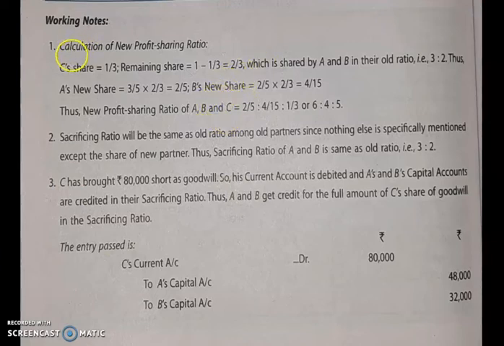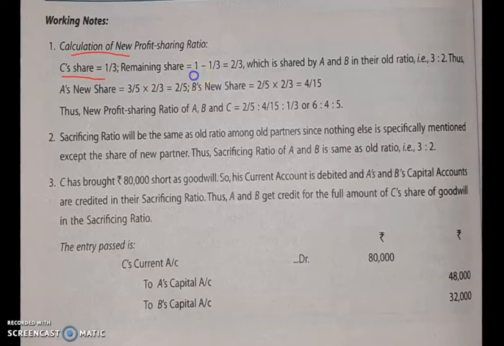Before that, let us calculate the new profit sharing ratio of all the 3 partners. It is given in the question that C has a 1/3 share in this partnership firm. Now let us see how to calculate the new profit sharing ratio of all the 3 partners. We have discussed this in our earlier class also.